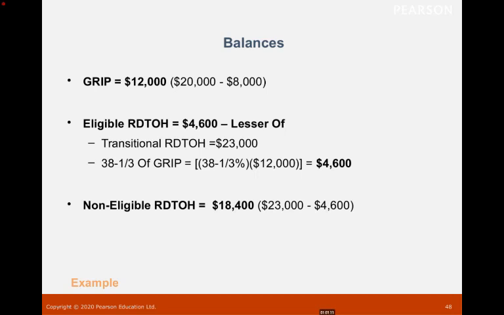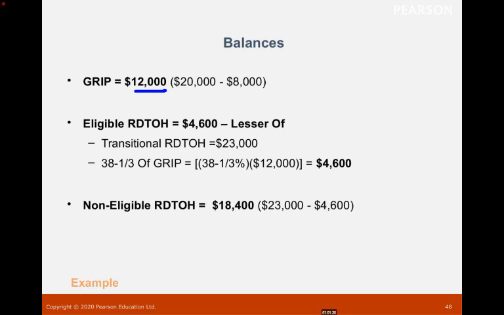So we know that our GRIP, our general rate income pool, opens at 20,000, and we know that eligible dividends paid in 2018 were 8,000. So there's our GRIP at 12.